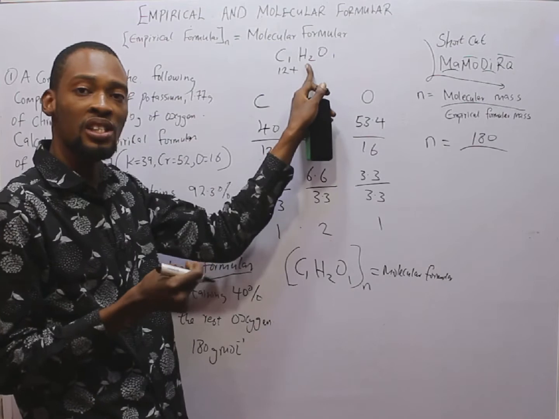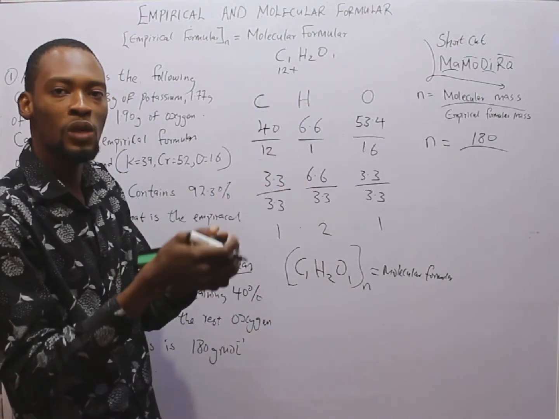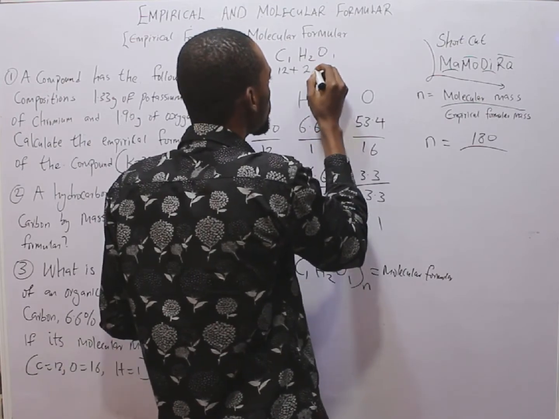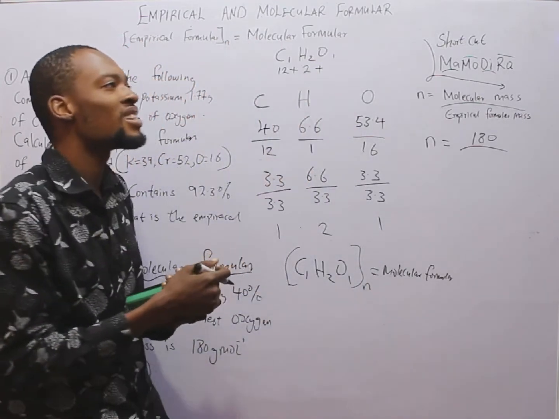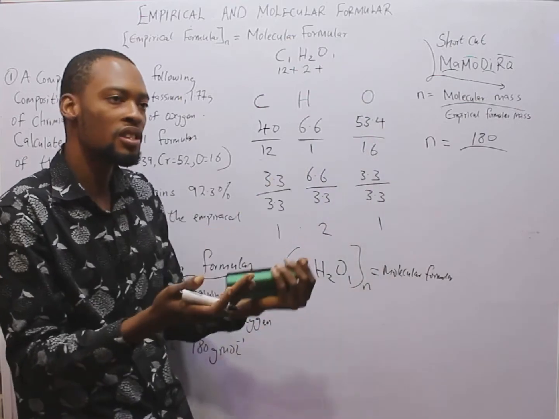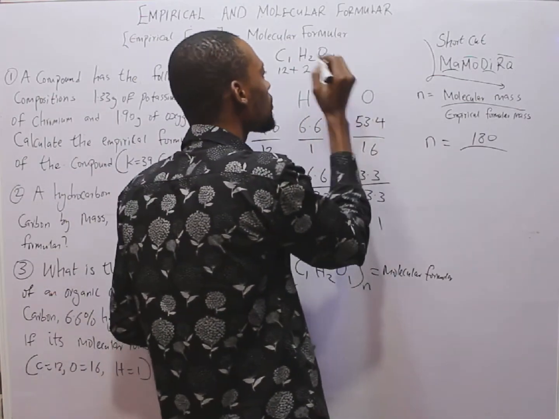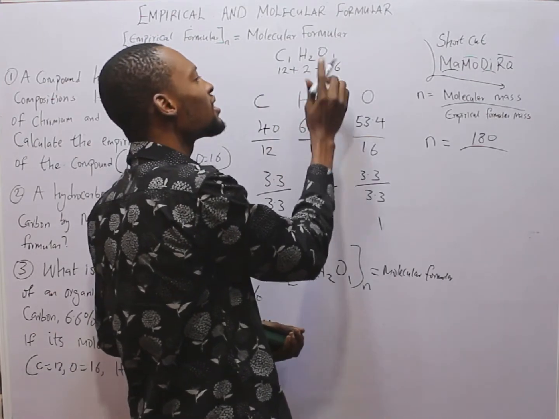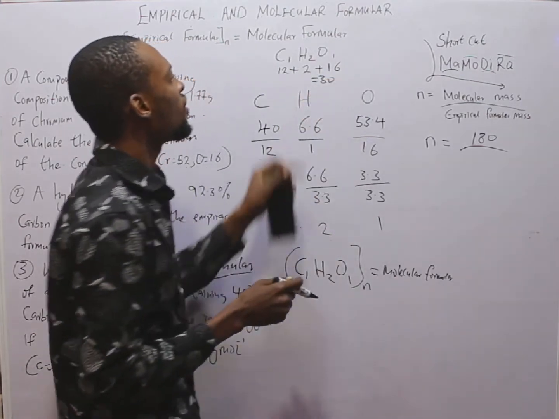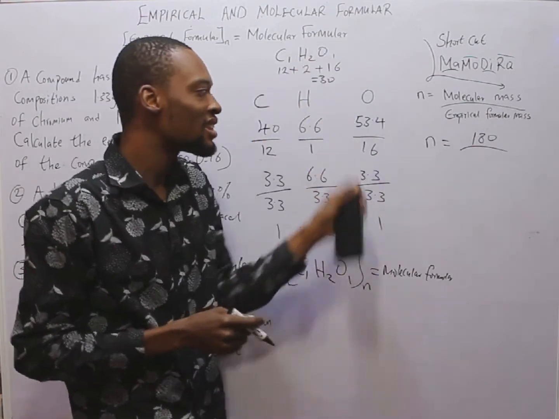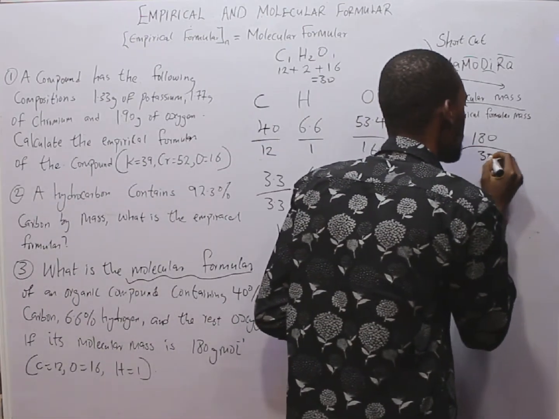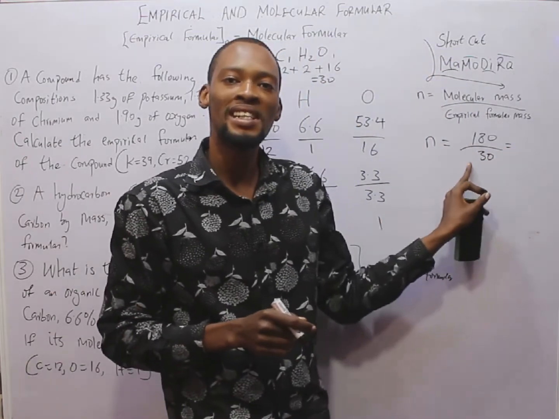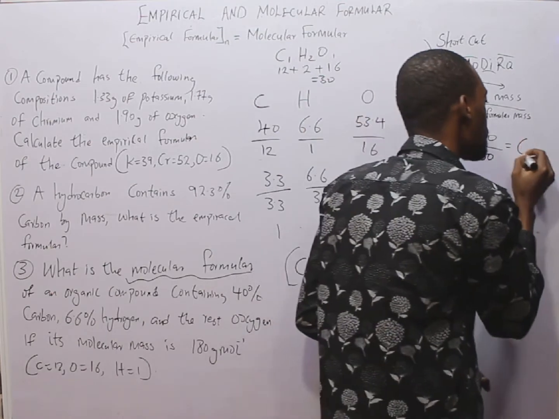Since we have 2 hydrogen, it will simply be 1 plus 1, that is 2. So 2 plus the mass of oxygen is 16, and we have just 1 oxygen, so it is simply 16. 12 plus 2 is 14. 14 plus 16, that is 30. So the mass of the empirical formula is 30, which means n is 180 divided by 30. That will give you 6.